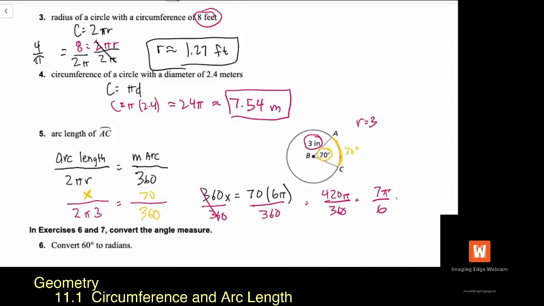So if we take 7 pi and divide that by 6, we get 3.665. And what does that mean? That rounds to 3.67. And then we have inches. We have now found the arc length of A to C.